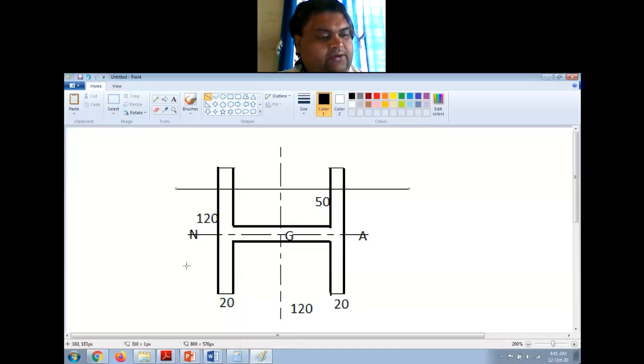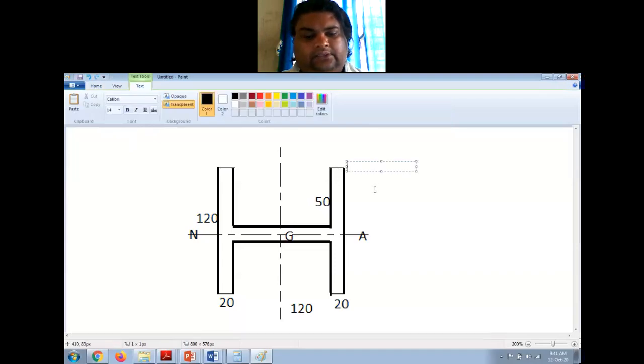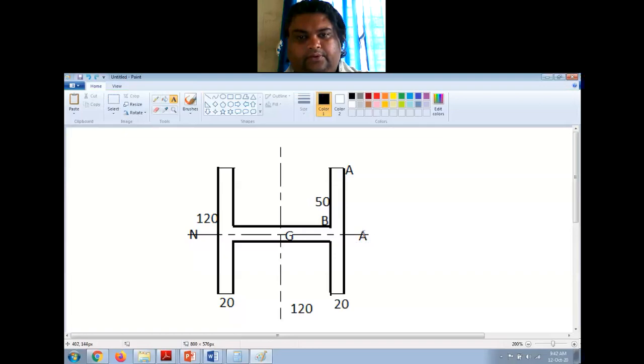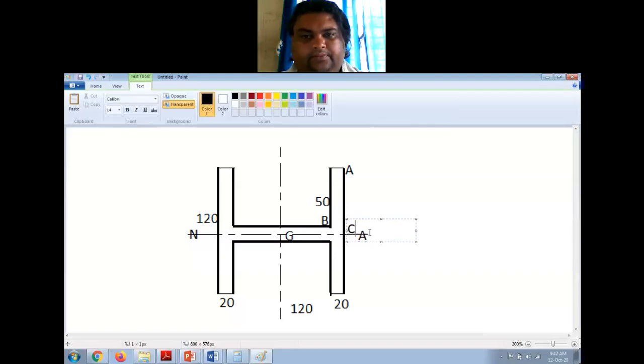Or to simplify, let us do it like this. I'll just make some points. This is A. This is B. This is C. See, C and B are on same level, right?